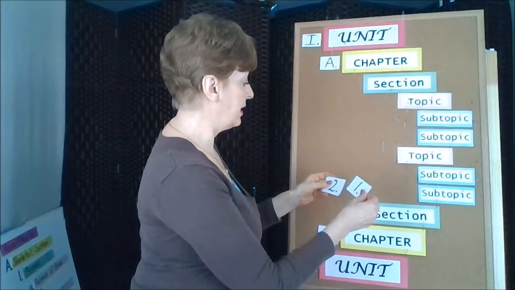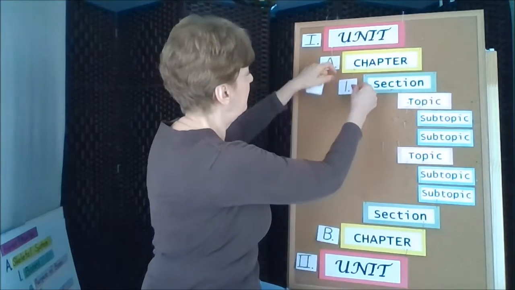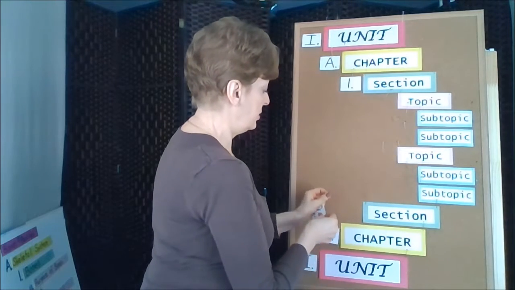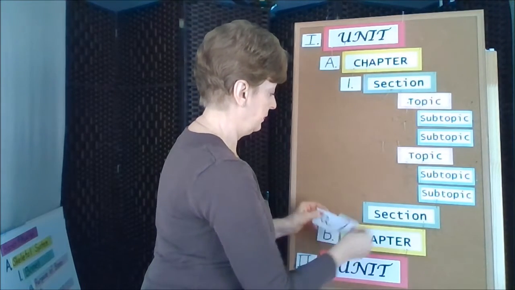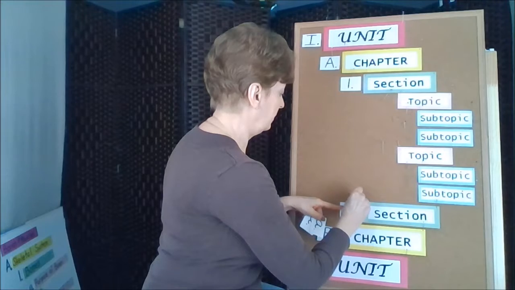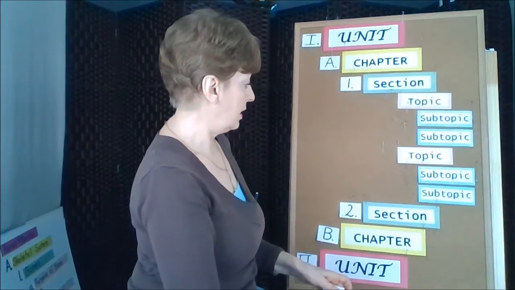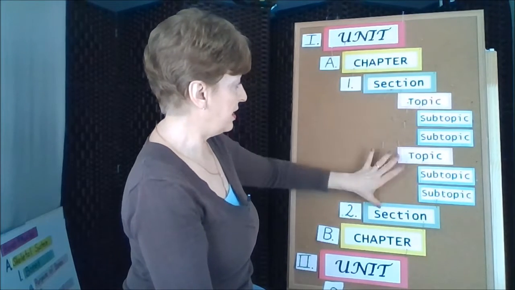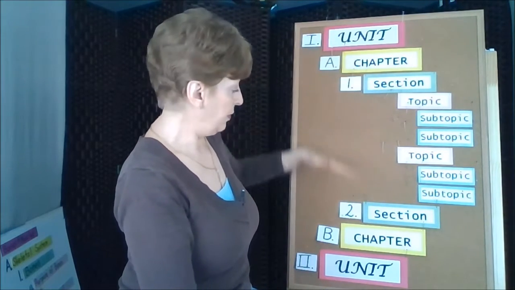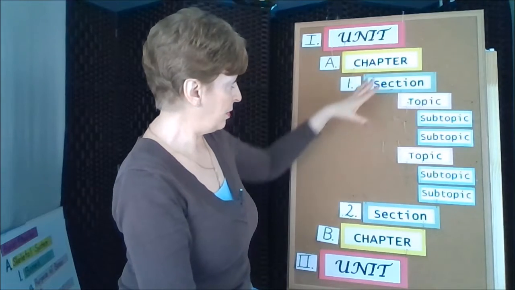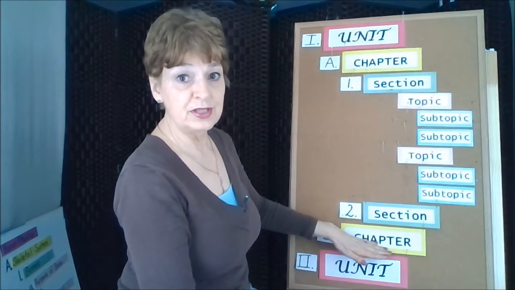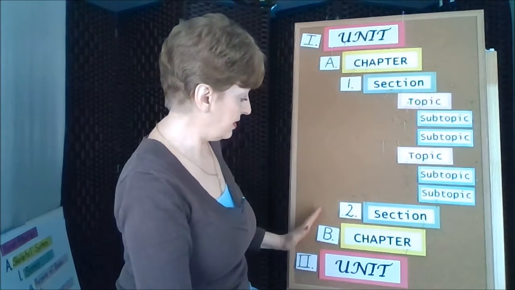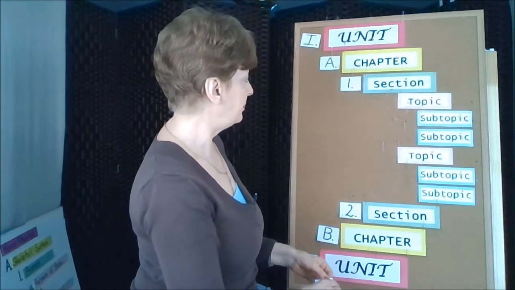So we have a 1 and a 2 this time. You see these 2 sections are underneath this particular chapter. If we got into the second chapter, then we would repeat this under it. And the unit would be a repetition of all of this under the second unit.